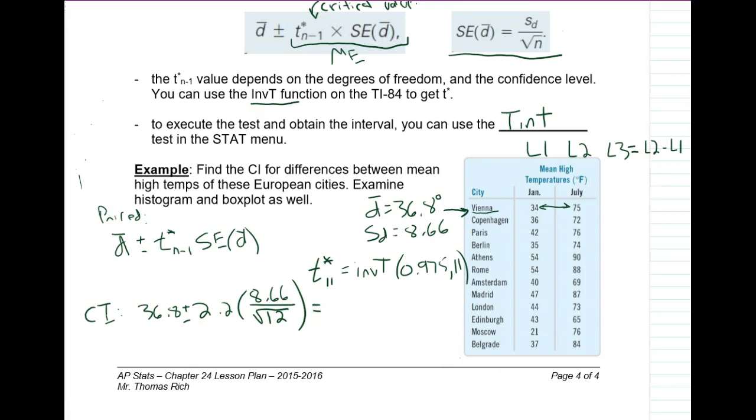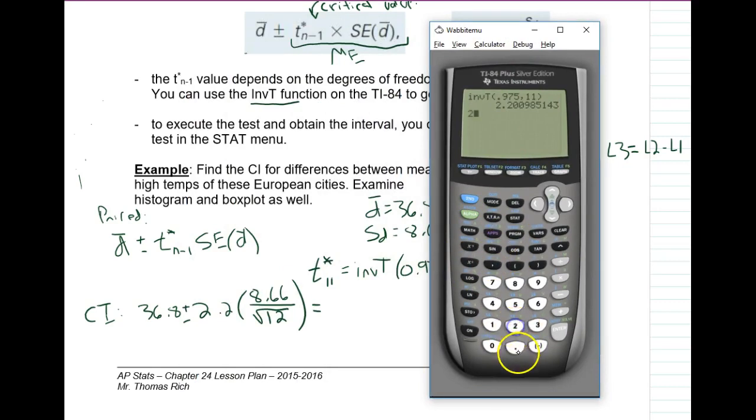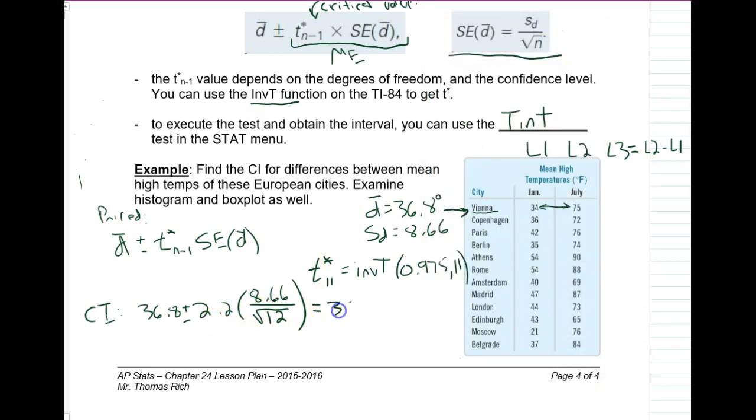Okay, so doing that on the calculator, I'll do the margin of error first, 2.2 times 8.66 divided by the square root of 12, 5.5 it looks like. So I've got 36.8 plus or minus 5.5, so that's going to give me a confidence interval of 31.3, comma, and if I add this up right, it's probably going to be 42.3.